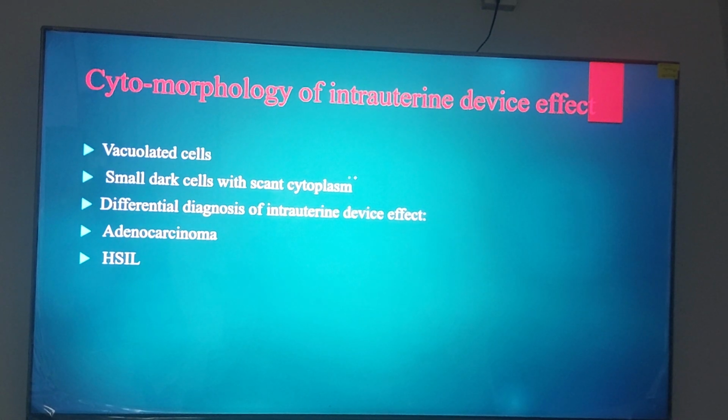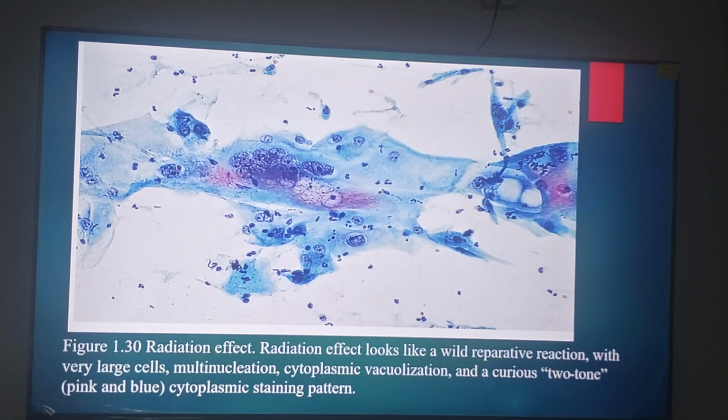Cytomorphology of intrauterine device effects shows vacuolated cells, small dark cells with scanty cytoplasm. Differential diagnosis of intrauterine device effect includes adenocarcinoma and high-grade squamous intraepithelial lesions. In radiation changes, the nucleus is increased and may also show prominent nucleoli, coarse chromatin, and multinucleation.